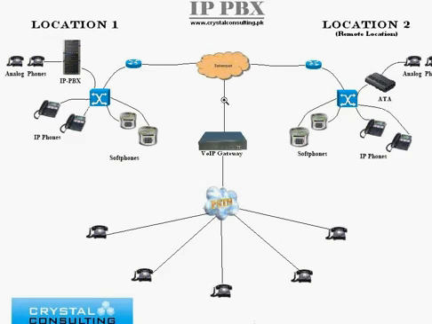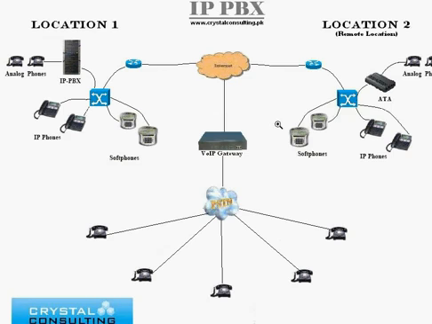Technically, the call will hit the VoIP gateway of your VoIP provider, and the VoIP provider will then send the call to the PSTN, and wherever you have dialed, the call will be routed. So again, it's the same one provider.